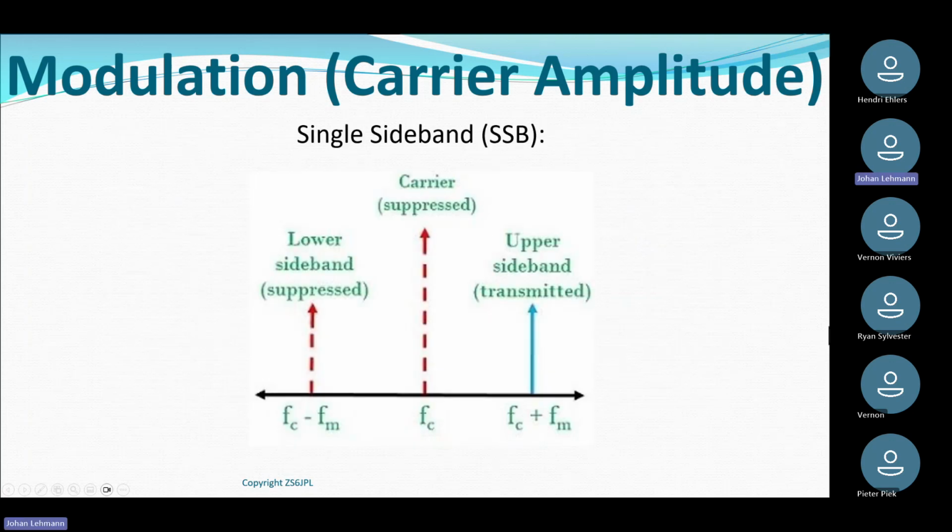Then the guys got even cleverer. They said, well, what else can we do? And they came up with a modern way of doing amplitude modulation, which they call single sideband. So what I do in my transmitter, I remove the carrier, which has already been done for the double sideband option.